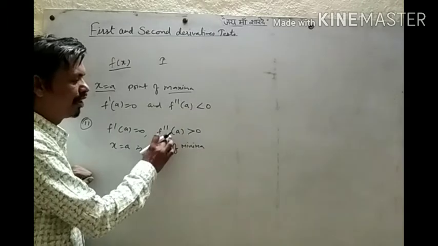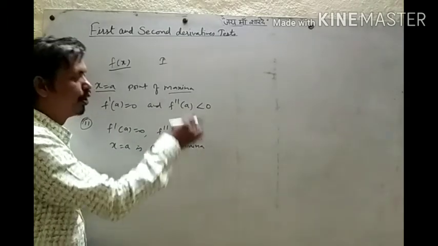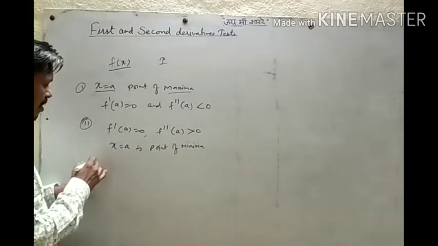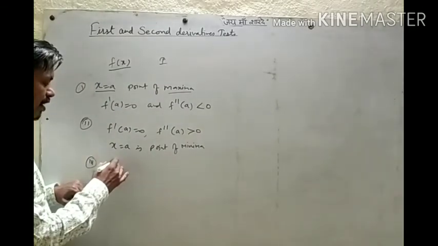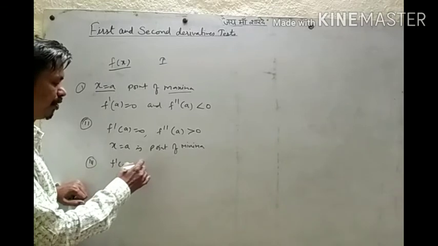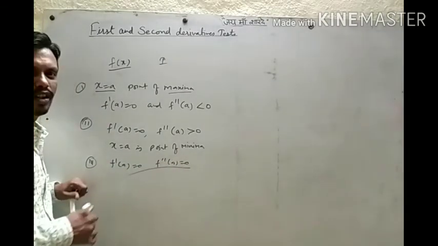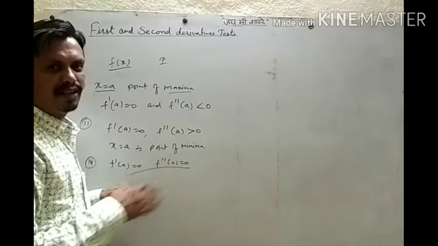For minima, the second derivative value is more than 0. For maxima, the second derivative value is less than 0. Then if f dash of a is 0 and f double dash of a is also 0, we cannot say what we get at x equal to a, maximum or minimum value.